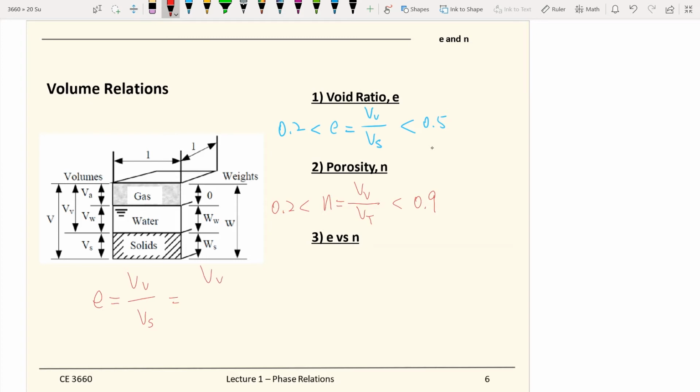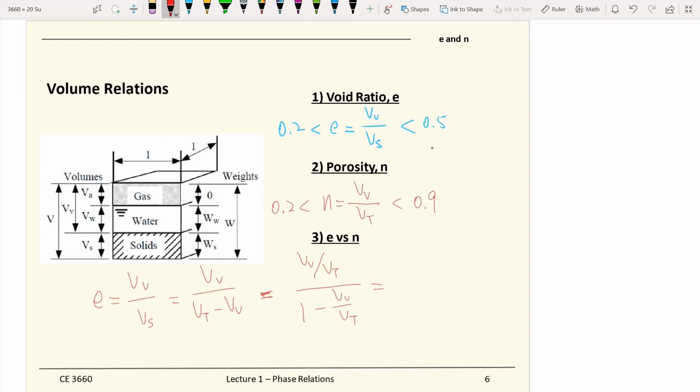And we know that the volume of solid is the total volume minus the volume of void. If we do our math, we normalize both the top and bottom by the total volume, and we get this formula.